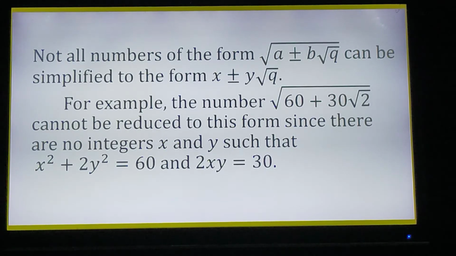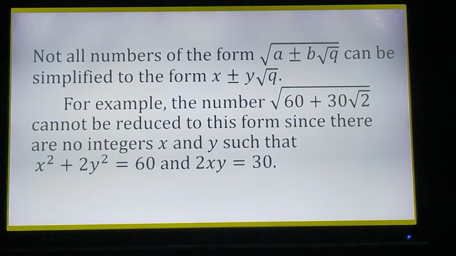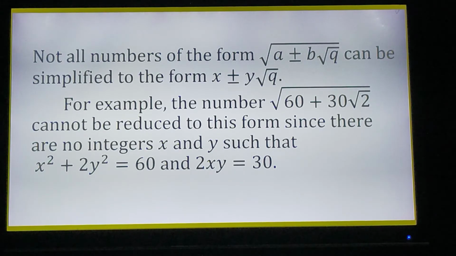So we think of square numbers smaller than 60: 1, 4, 9, 16, 25, 36, and 49. And think of the other number, which should be a square multiple of 2, and there is none. There are no integers x and y such that x squared plus 2y squared equals 60 and 2xy equals 30.